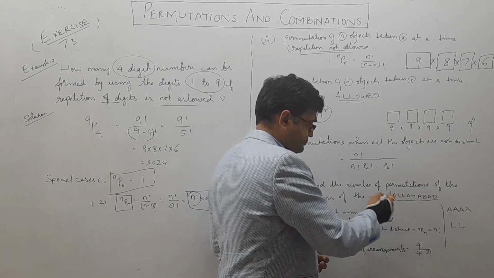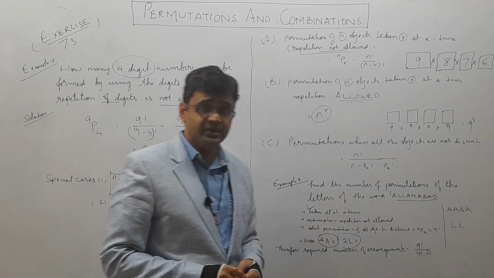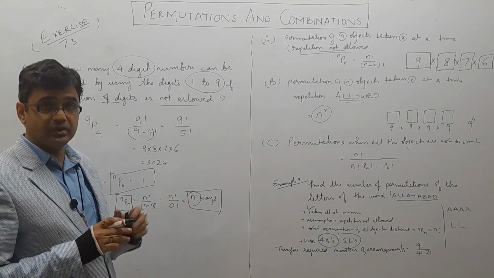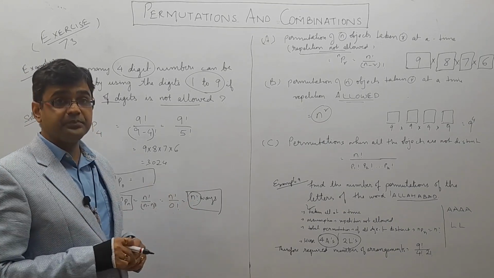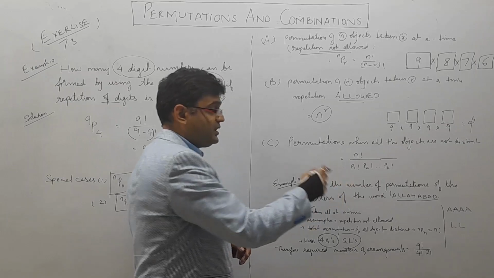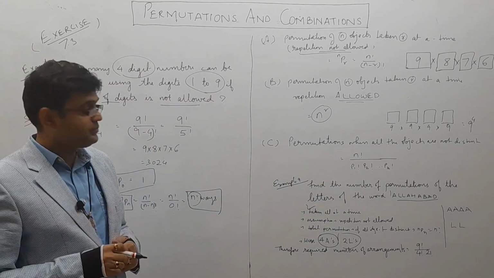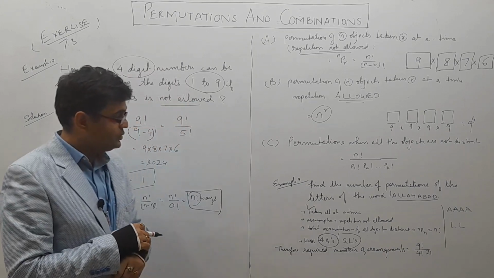So if the objects were not different, then the formula would be n factorial. The answer would be n factorial. But here there are certain objects which are same. So now what logic we will apply, I'll tell you that.